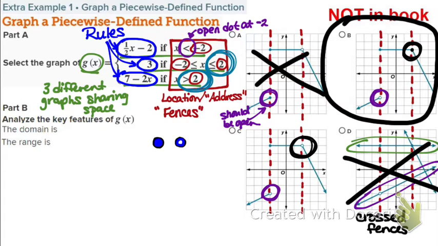None of them should be empty. If I see that they all have a graph living in that space, then my domain is all real numbers. If there's a gap, I would have to say where that gap is. It's all real numbers except this gap space. So my domain is all real numbers.